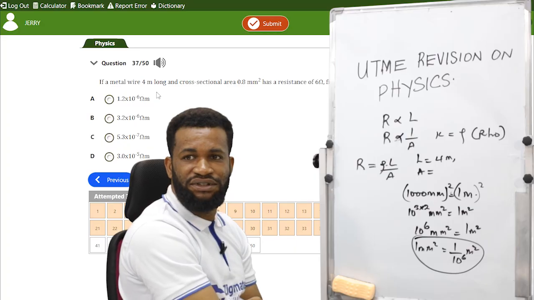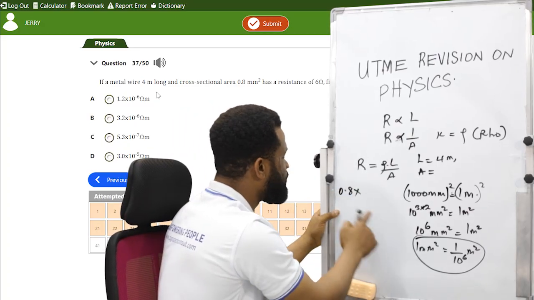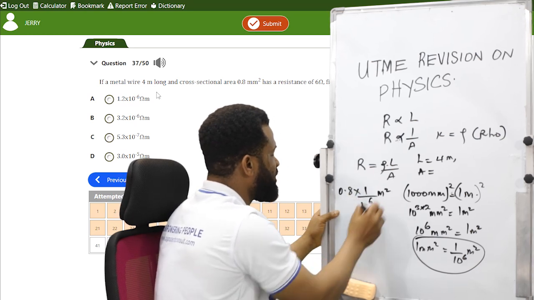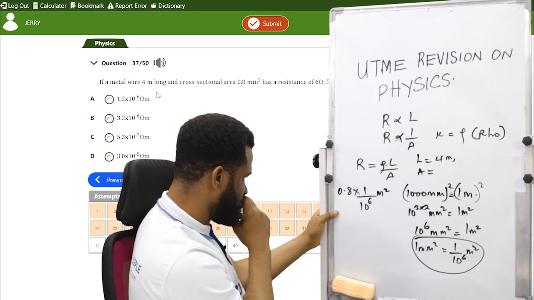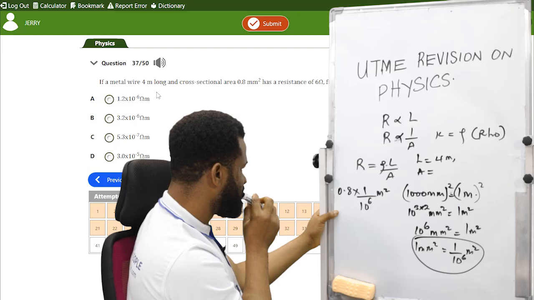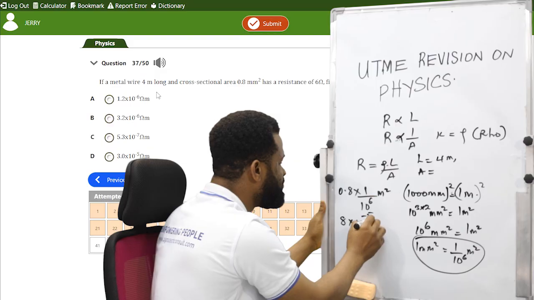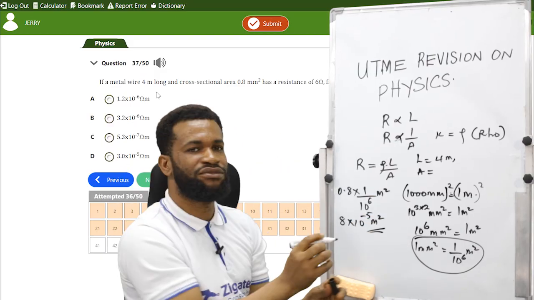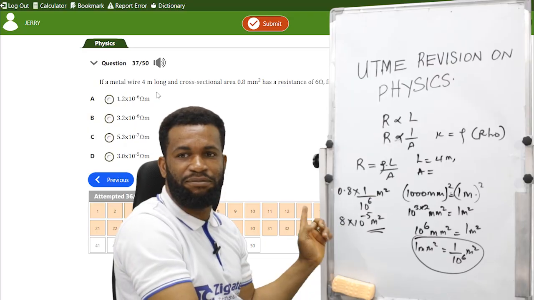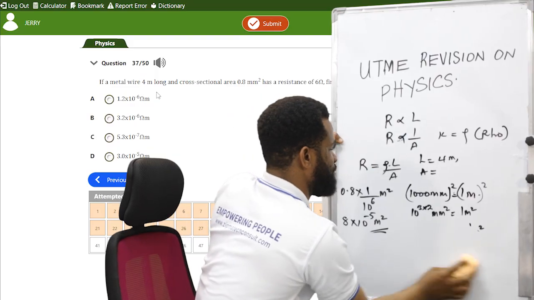Therefore, if I have 0.8, I'm going to have 0.8 times, instead of 1 millimeter square, 1 over 10 raised to the power 6 meter square. That's going to be 8 times 10 raised to the power minus 7 meter square in standard form. So this is the area, and I'm going to use this value as my area as I continue to solve.